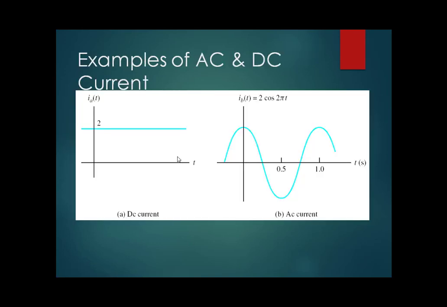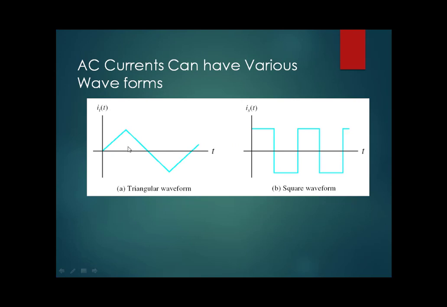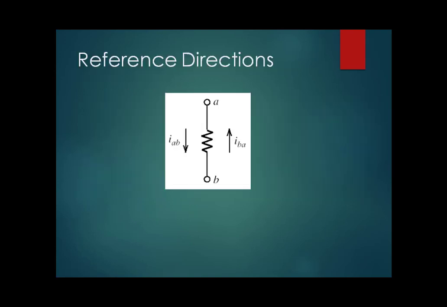In this diagram you see an example of AC current and DC current. There is a generalized equation. You can also understand the waveforms of AC current and DC current. These are also waveforms of AC currents, but the shape is changing: these are triangular waveform, square waveform, but we also say that these are AC waveforms because their direction and amplitude change with respect to time.